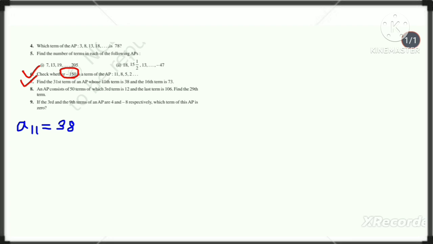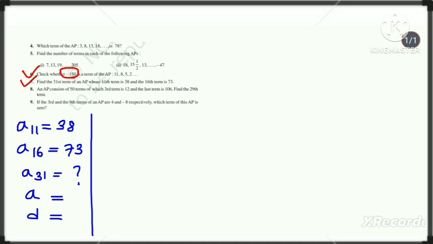Similarly, the 16th term, A16, is 73, and we need to find its 31st term, that is A31. For that, firstly we need to find its first term, that is A, and common difference, that is D.